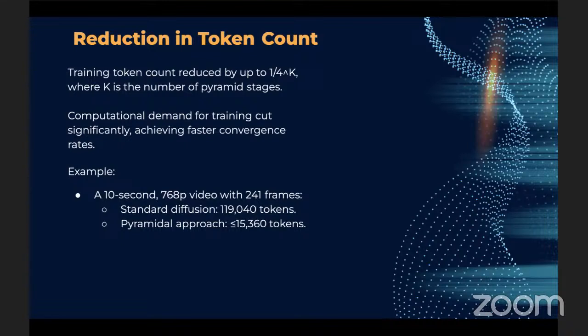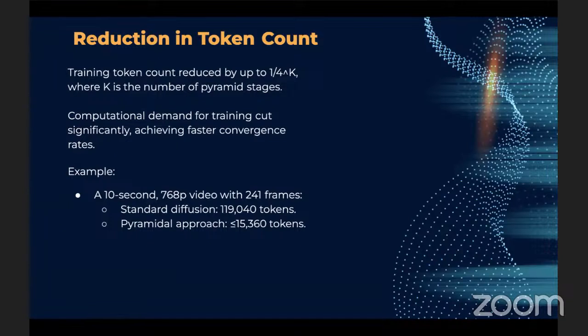But in contrast, this novel approach, the pyramidal flow matching framework, reduces the number of tokens substantially. It uses T times N, but we divide it by 4^K, because we already said that it downsamples by a power factor of 2. So the computational complexity is reduced, and if we square it, there would be a dramatic decrease in computation.